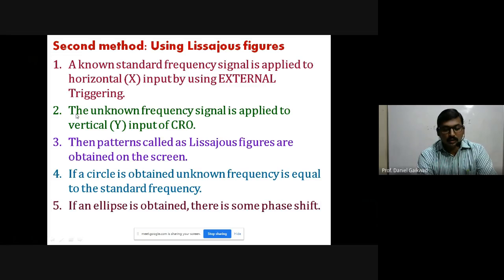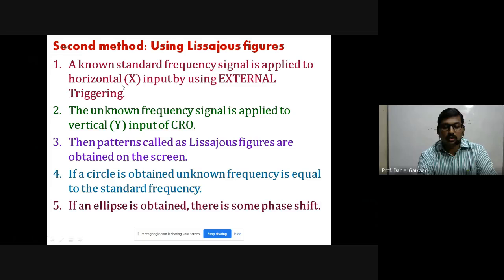Now second, the unknown frequency signal is applied to the vertical Y input of the CRO. We have another signal, that is the unknown frequency signal, applied to the vertical Y input of the CRO.